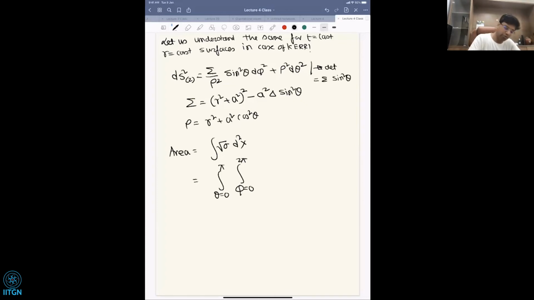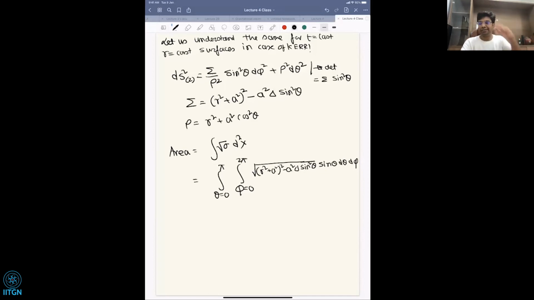So if you take a square root, you will have the square root of sigma, which is r square plus a square whole square minus a square delta sine square theta, then sine theta d theta d phi. Obviously, this is a complicated integration. We are not in an integration class.